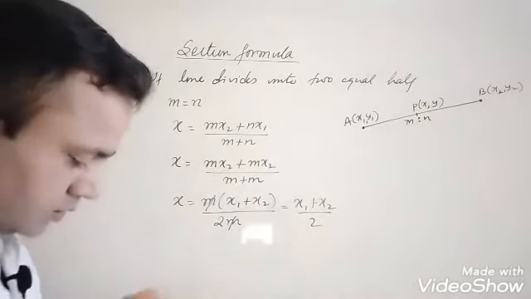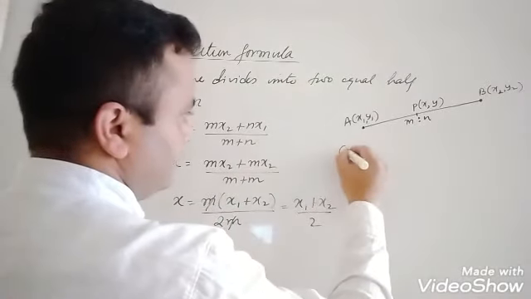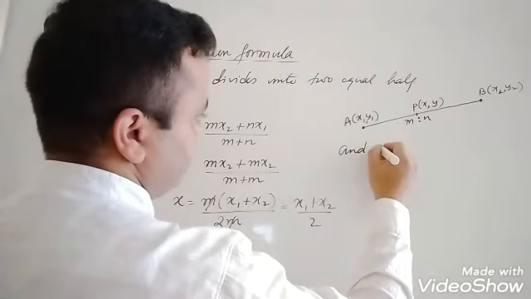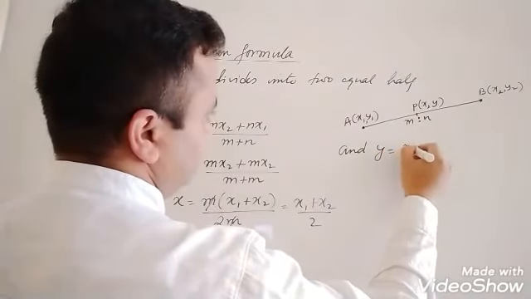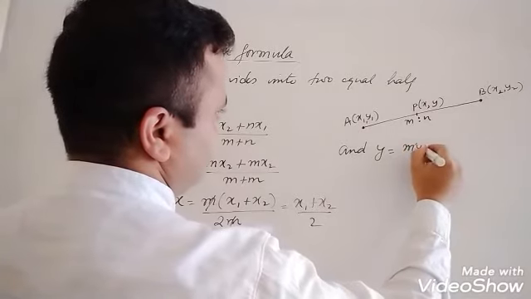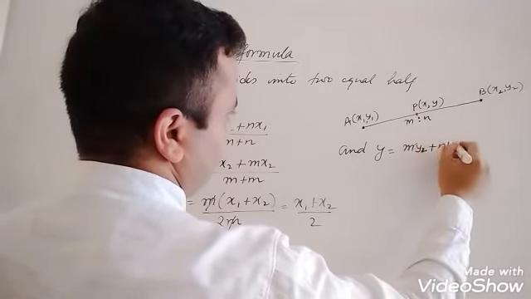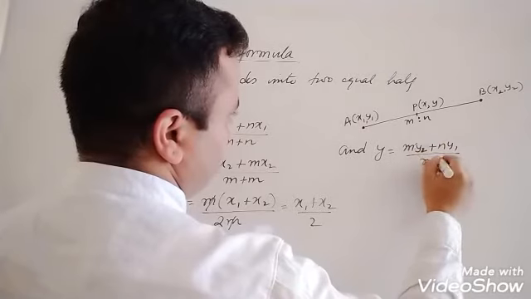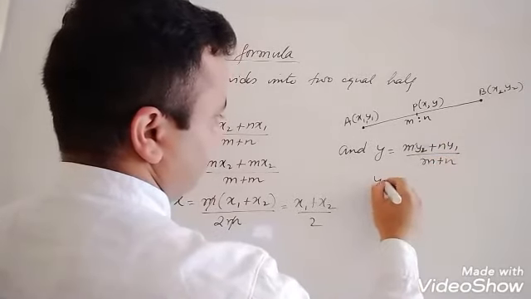Similarly we can calculate y. The formula is the same: my2 plus ny1 divided by m plus n.